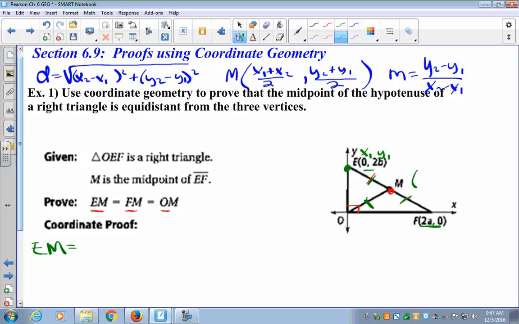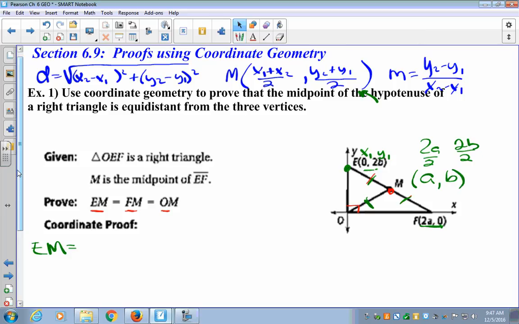So if I added 2a and 0, I get 2a. Then divided by 2, I just get a. If I take 2b and add it to 0 using this midpoint formula, and then I divide that by 2, I get b.